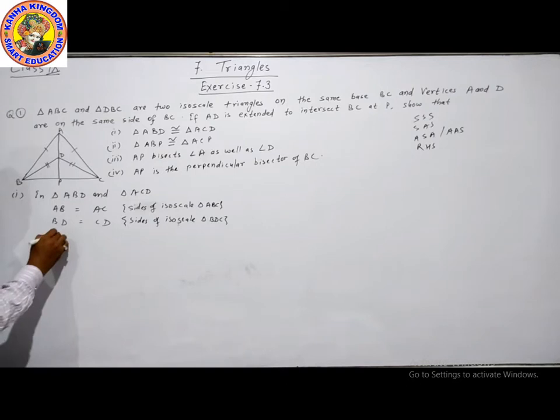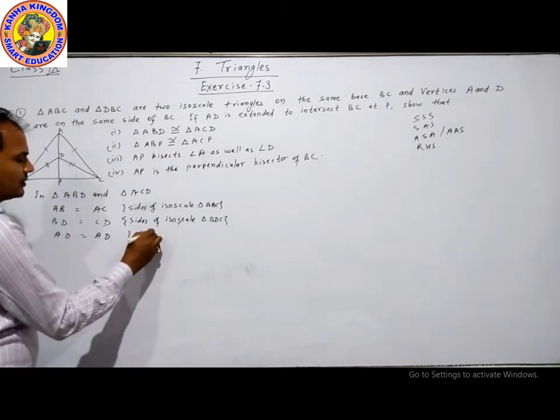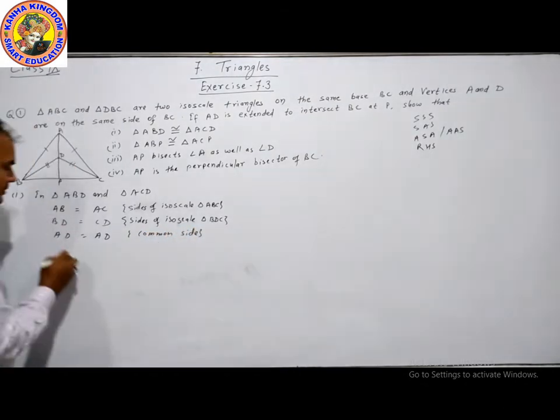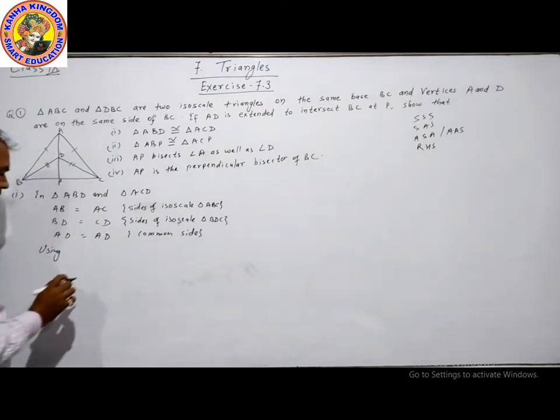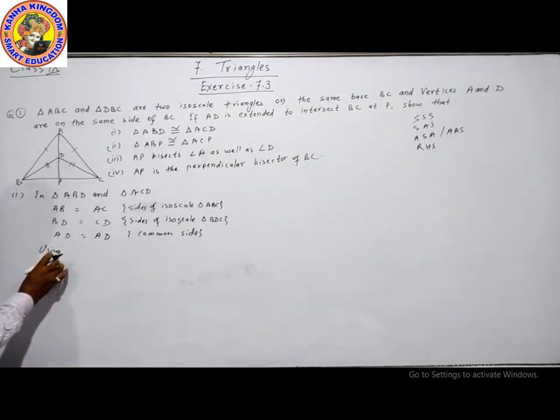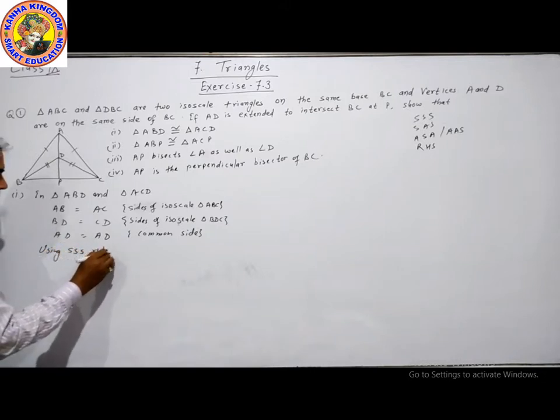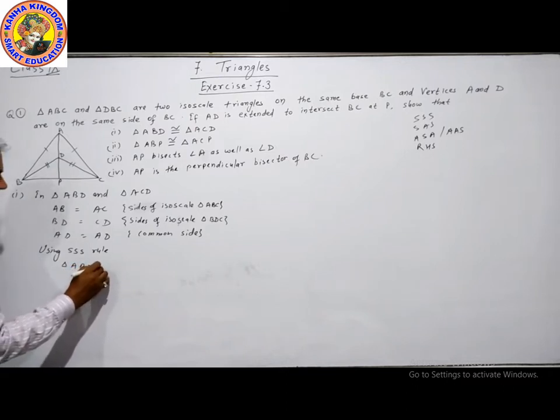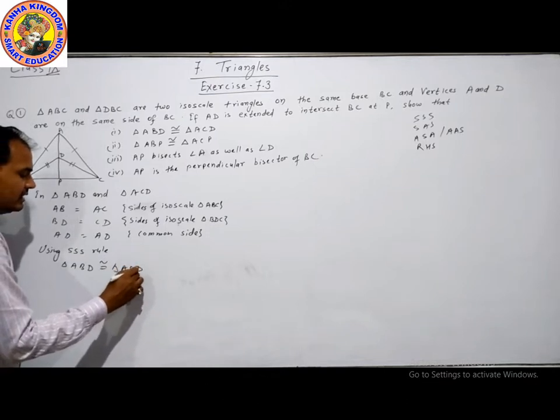Then AD is equal to AD, common side, using triple S rule. Triangle ABD is congruent with triangle ACD.